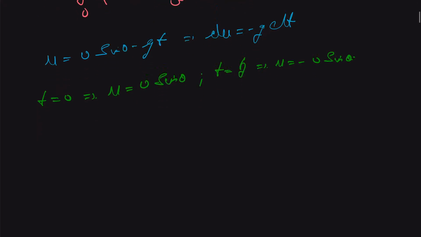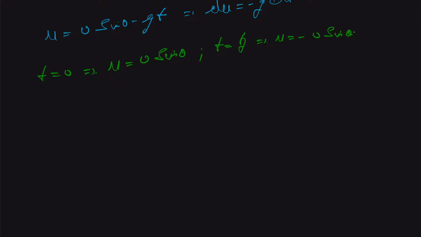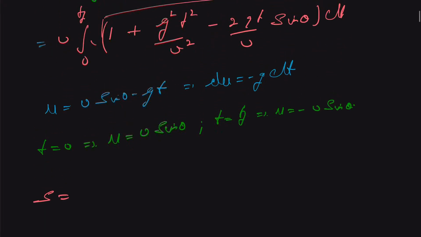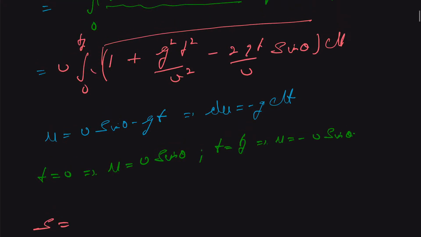Okay, and now we can easily substitute and get the answer. So we get our s is equal to, and dt will be equal to du by g.